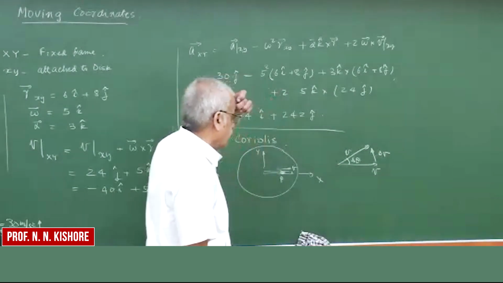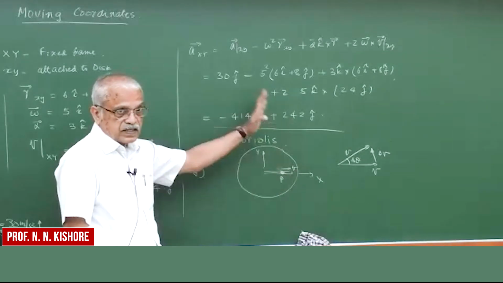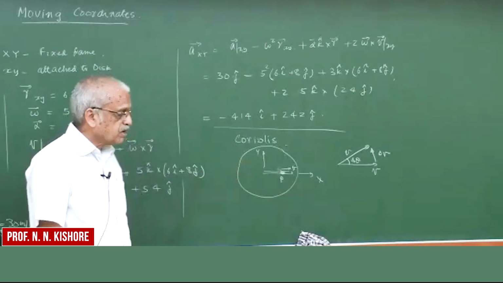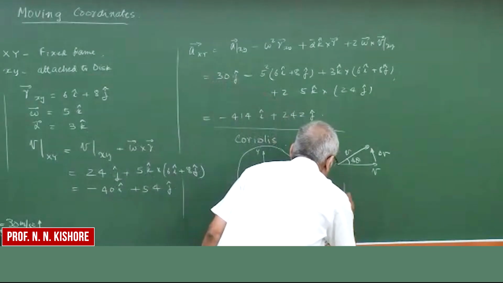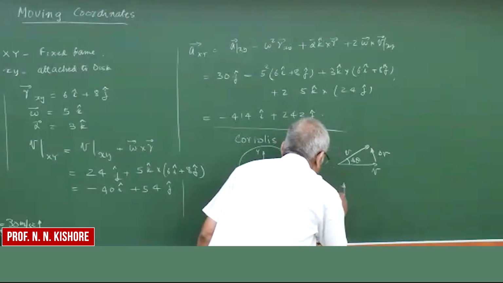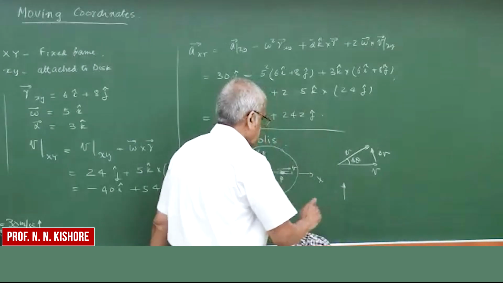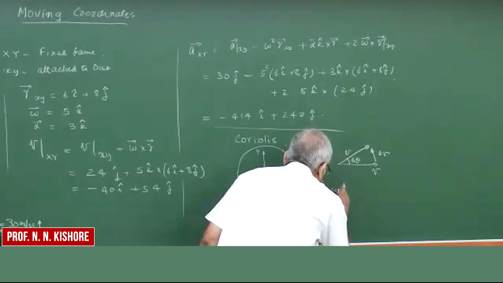So this is one component because the sliding velocity has changed. The other one we said is because of the velocity here, omega r.